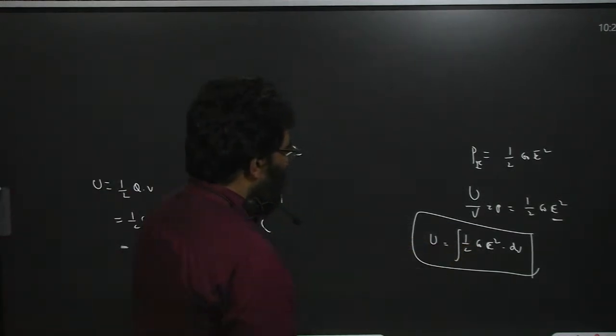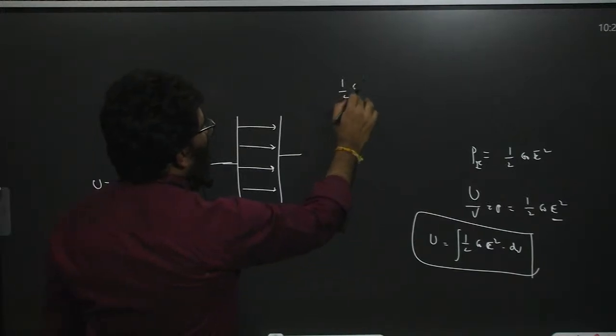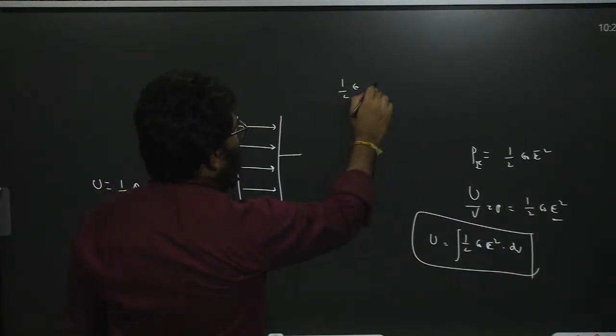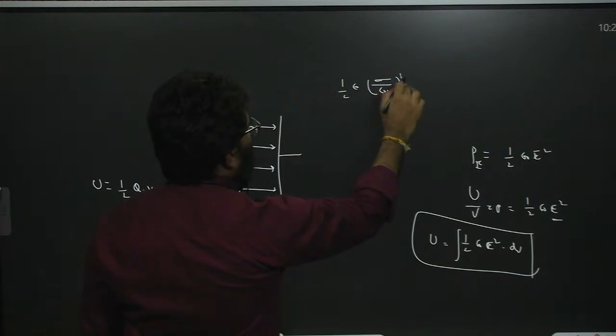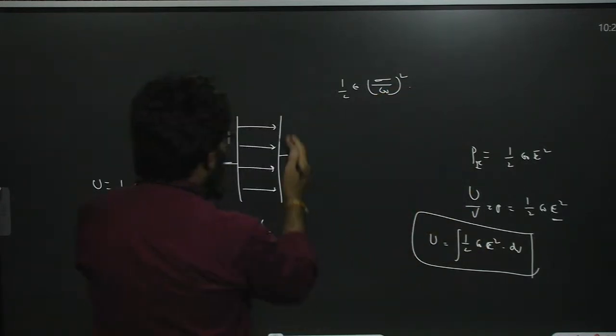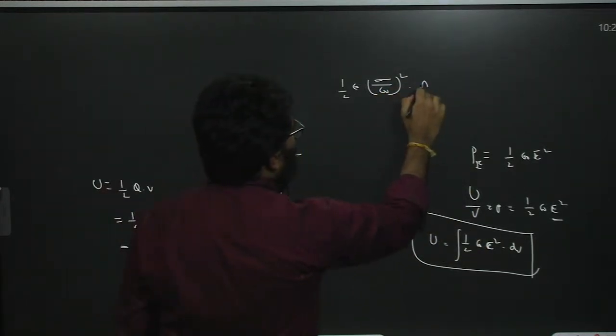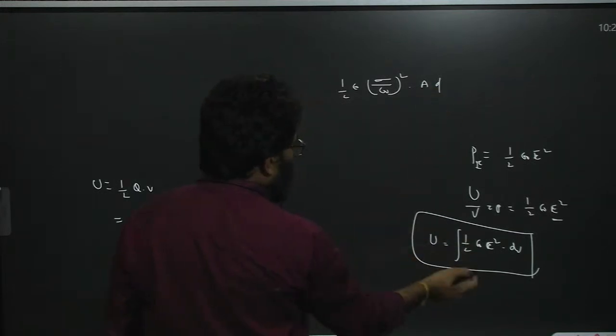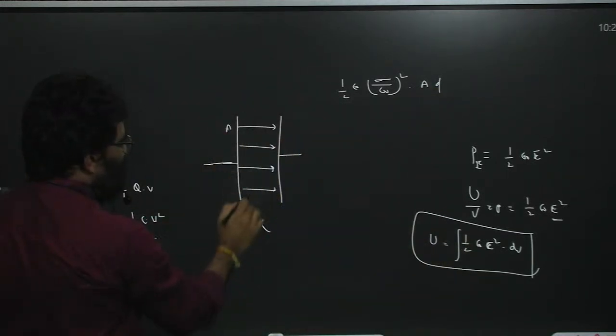Where are we getting this energy? So see, half epsilon naught E square means sigma by epsilon naught whole square into dV. dV is nothing but area into distance between them, d. Volume of the capacitor is what? Area of the plates into distance between them.